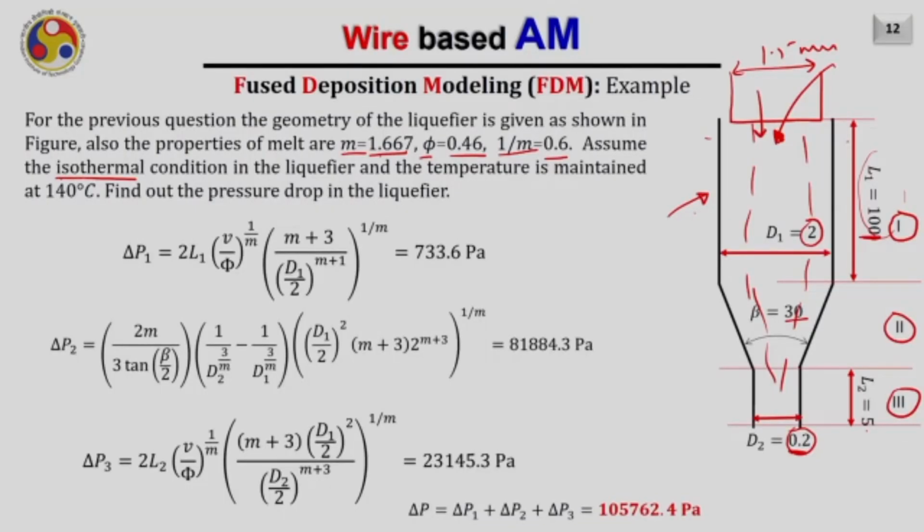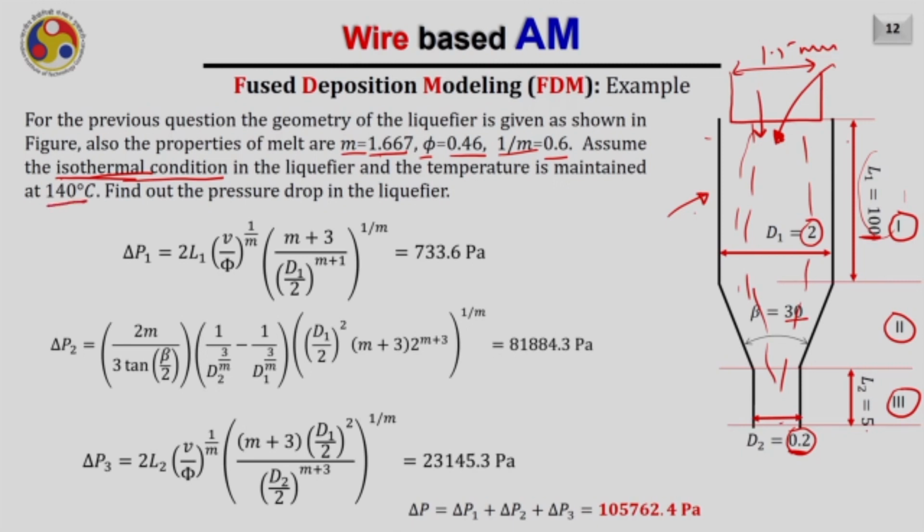We have already seen the sudden change in the temperature, which is coming due to the sudden change in the velocity, creates a huge pressure difference, because the term exponential 1 upon t will make a big change. But for this particular example, it is asked that the isothermal condition has to be obtained. In that case, we are assuming that the entire melt inside the liquefier is at 140 degrees centigrade.